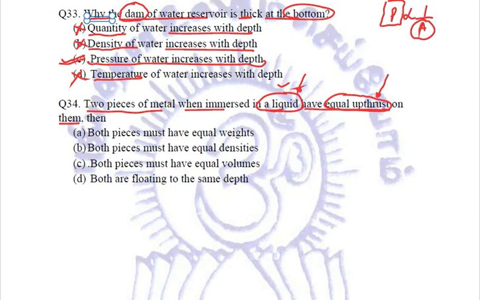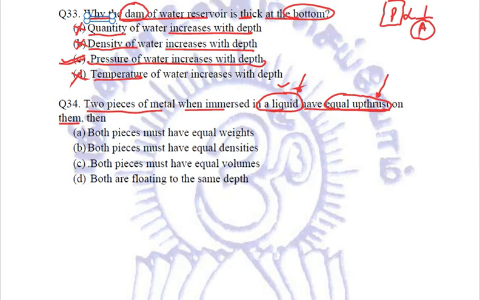The second thing is the volume of the object immersed, right? Now if the volume is the same, then the same buoyant force will act on both, regardless of the nature of the material of the metal, right?